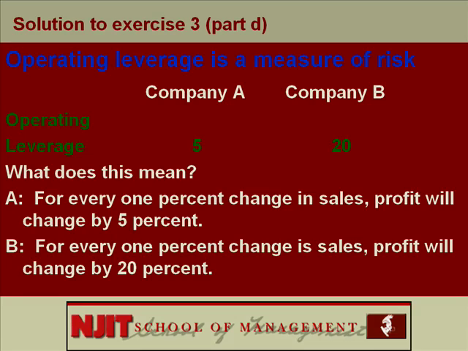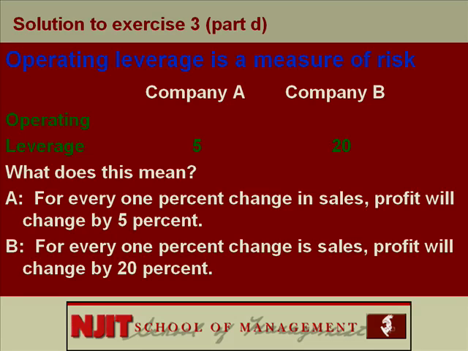So which is more risky? Obviously company B, because it's more volatile. So operating leverage measures volatility in earnings. Let me repeat. Operating leverage measures volatility in earnings.